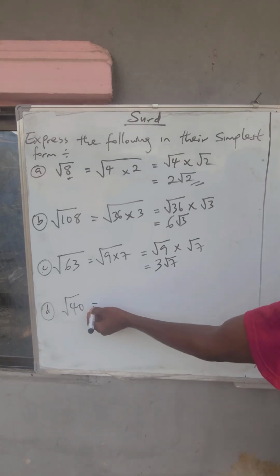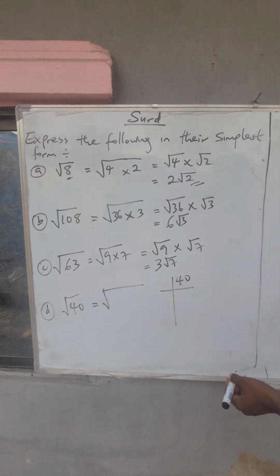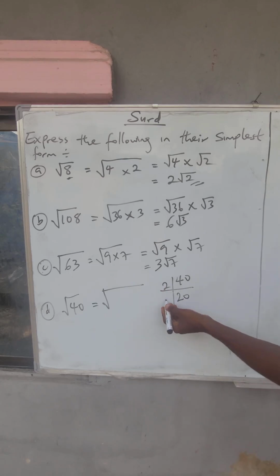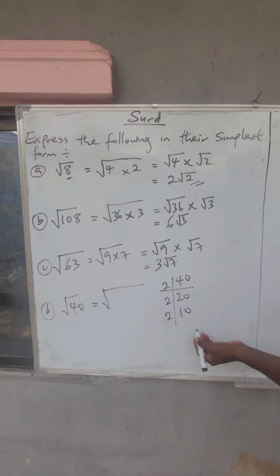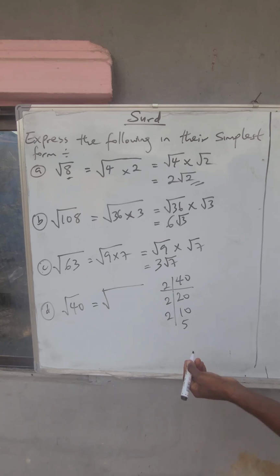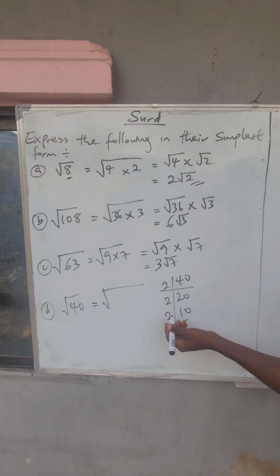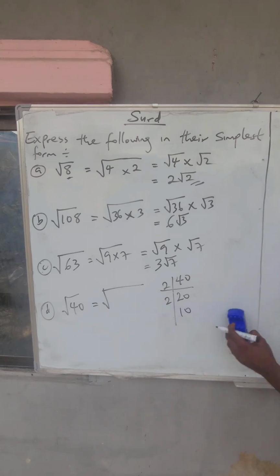Let's try this. You write 40. What can divide 40? 2, right? 2 into 40 gives you 20. You divide again. 2 into 20 gives you 10. You divide again. 2 into 10 gives you 5. So there's no need to divide further here.